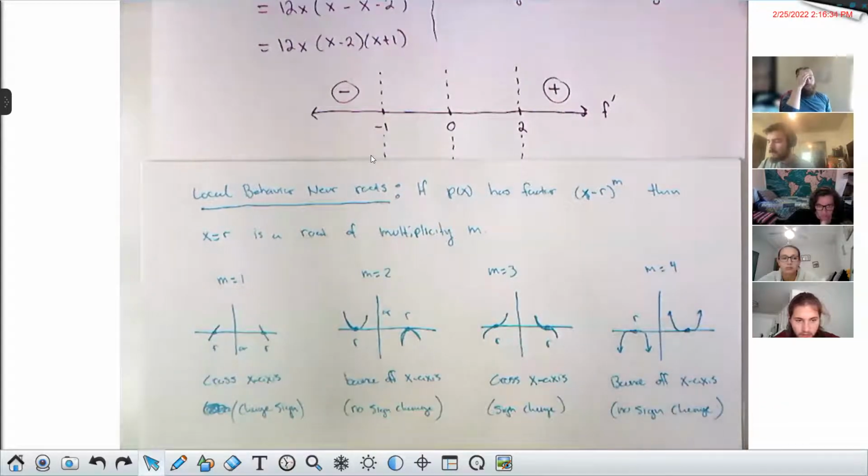The basic result is an odd multiplicity root means you're going to cross the x-axis, and an even multiplicity root means you're going to bounce off the x-axis. So if you go over an odd multiplicity root, you're going to change sign.